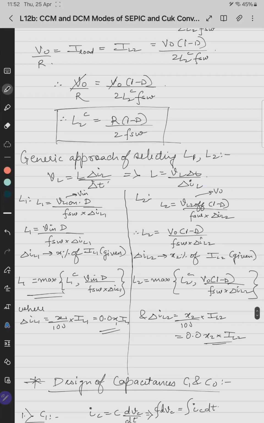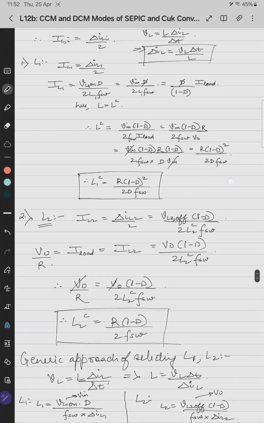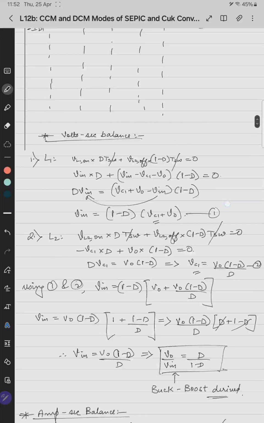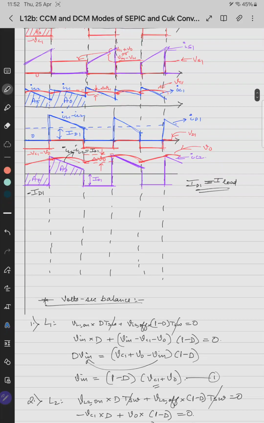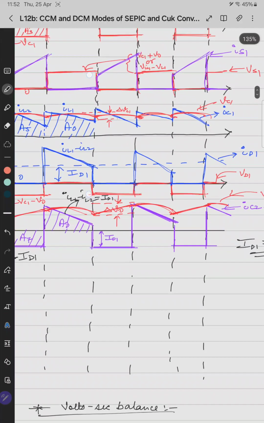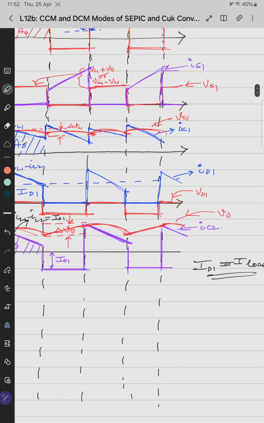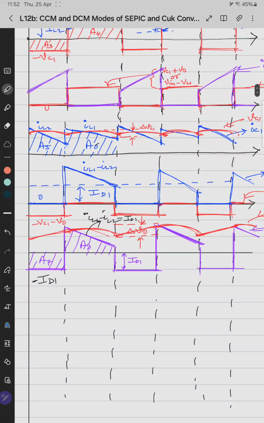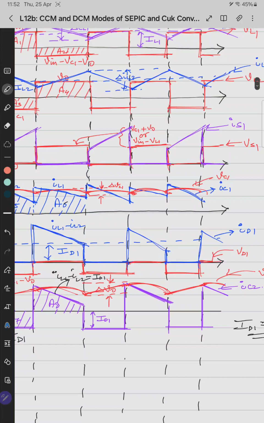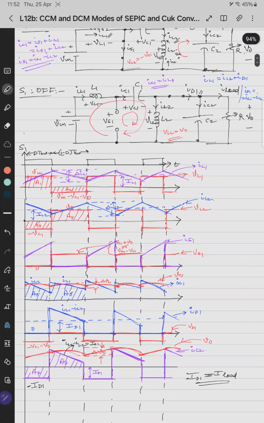So this depends on the time interval for which we want to integrate, because the average value of capacitor current is 0, which means the positive and negative areas are equal. As I told you, the areas A5 and A6 for the capacitor current IC1 are both positive, because our convention of choice of IL2 has been reversed.